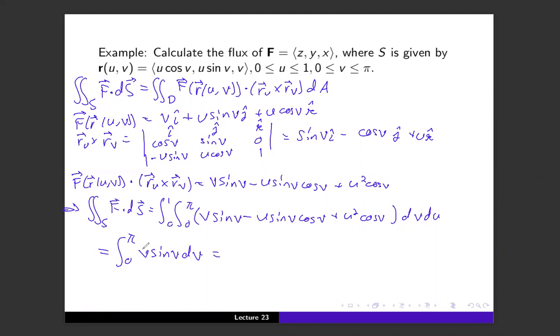Let's say we're going to leave the v un-anti-differentiated. So that'll be v and sine of v, which we anti-differentiate to negative cosine.